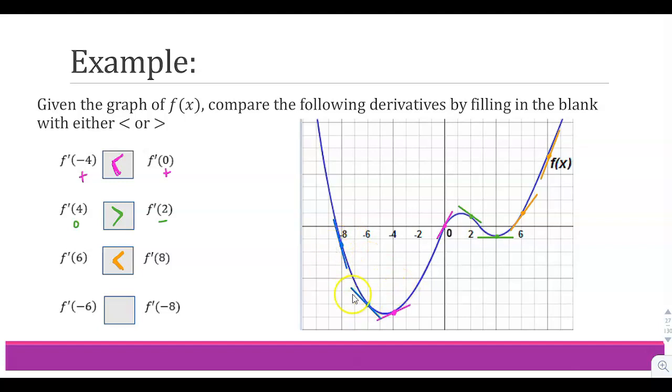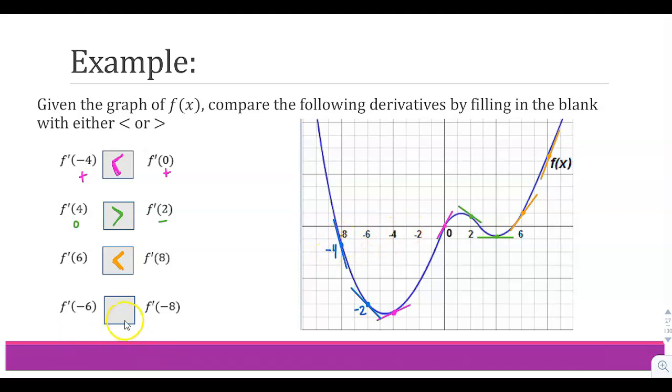So we have both negative slopes here, but it's again a matter of comparing the steepness. Now, at -8, I do have a steeper slope than over here at -6, but we have to think about negative numbers. So let's say, and I'm just approximating, maybe the slope over here is -4, and the slope over here is -2.